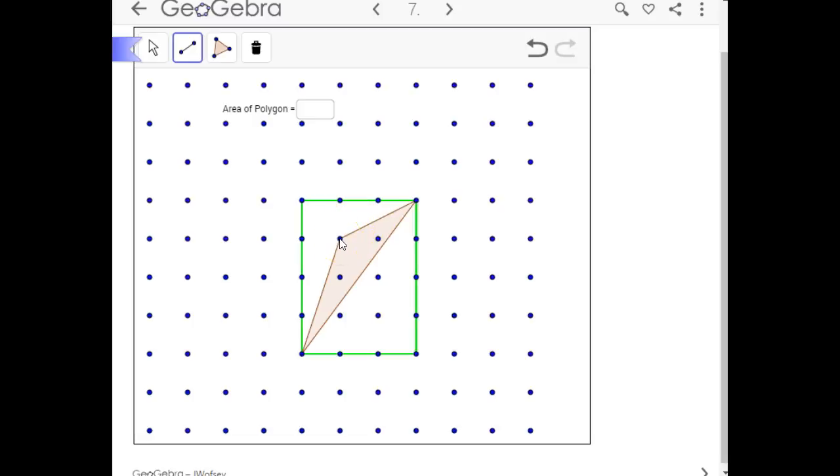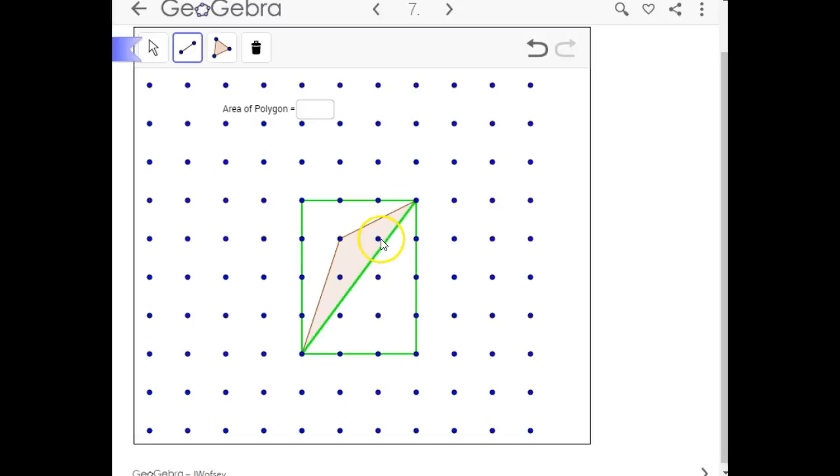I'm thinking it has something to do with this one because it's on a dot. If I could figure out how to subtract this space, because I know that this whole space is going to be half of this green rectangle. So I know that this triangle is 1, 2, 3, 2, 3, 4. This whole triangle here is 6.